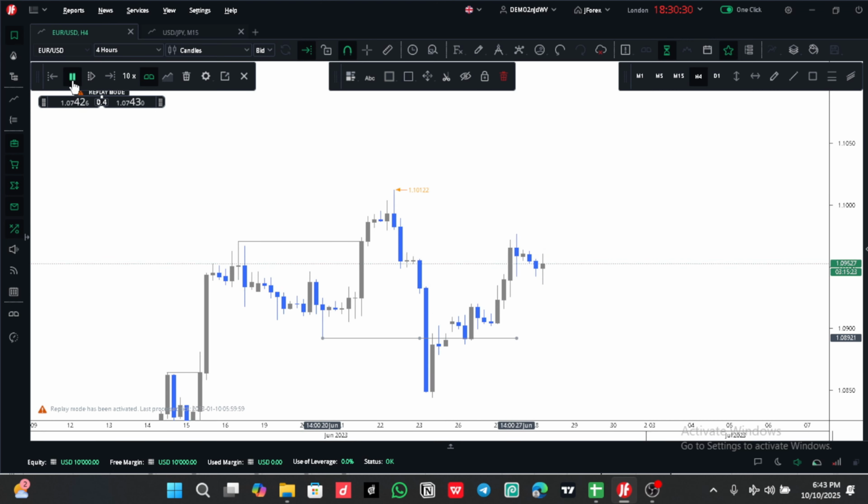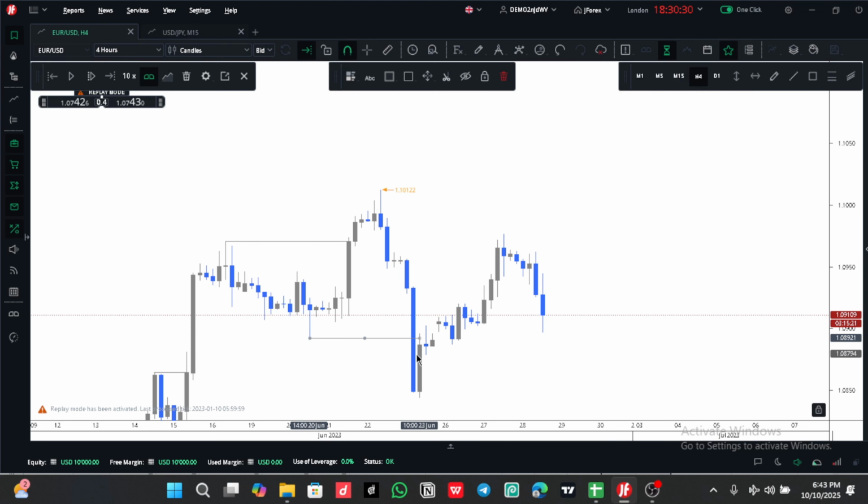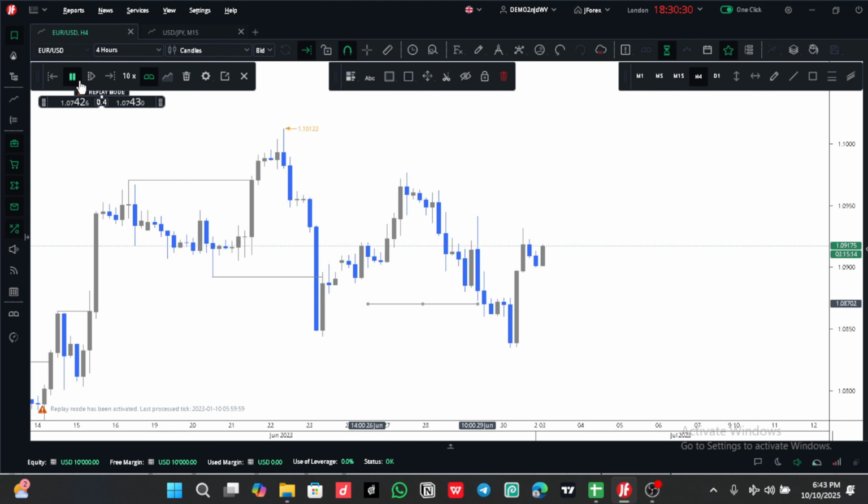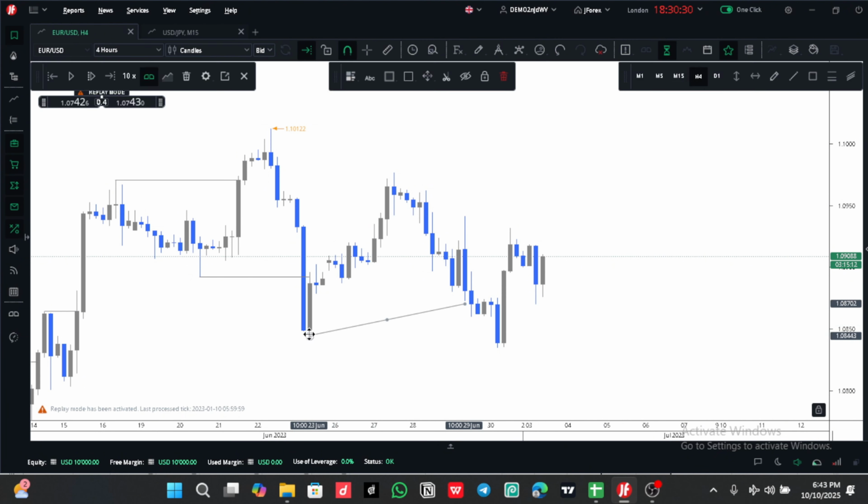Okay, that's another break of structure. The break of structure. That's another break of structure right there.